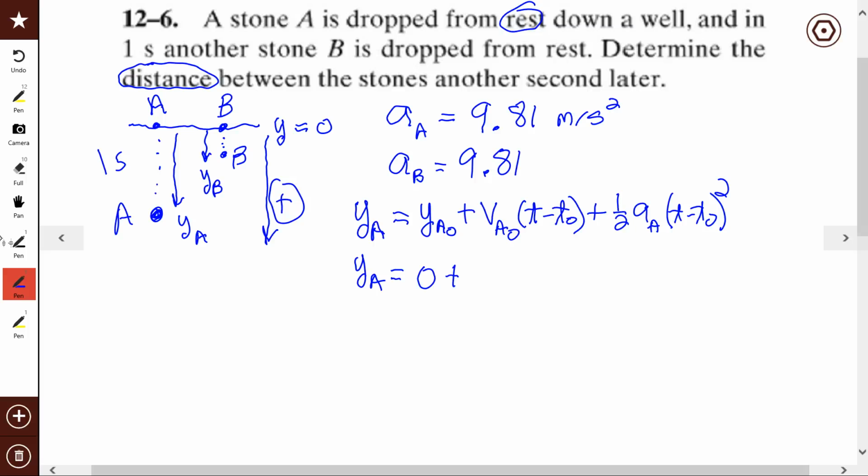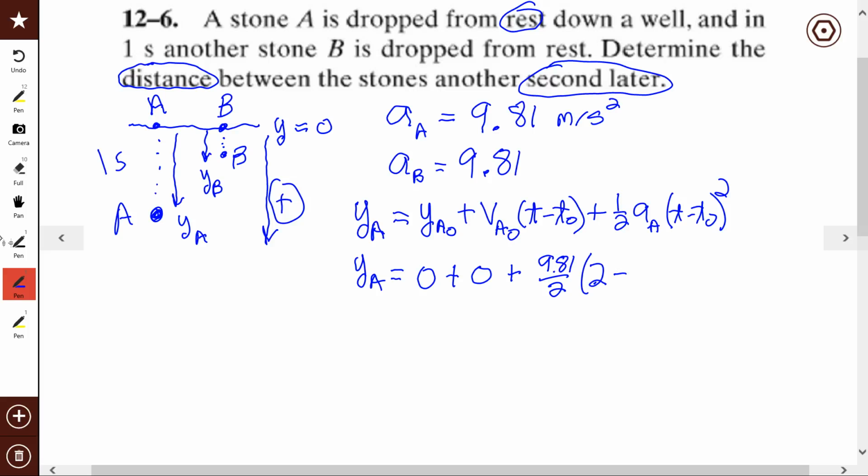And he starts at rest, so 0 times time is still 0, plus 1/2 times a t squared, that would be 9.81 over 2. Time is, let's see, after another second. So I want to know where they are after 2 seconds. So the time I'm interested in is 2 seconds.